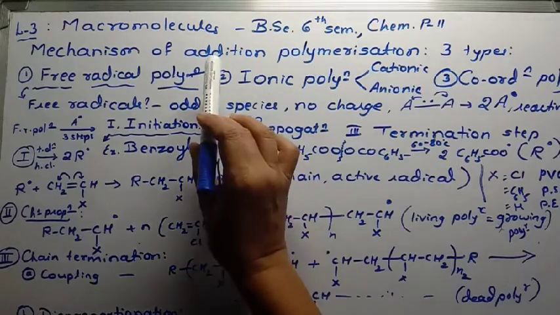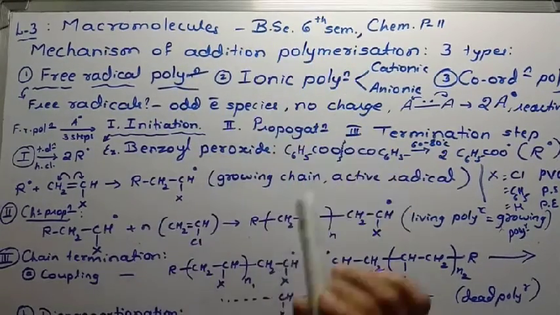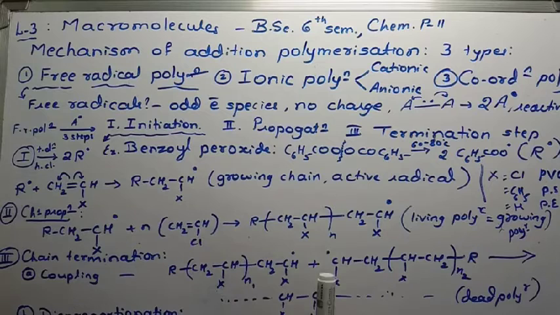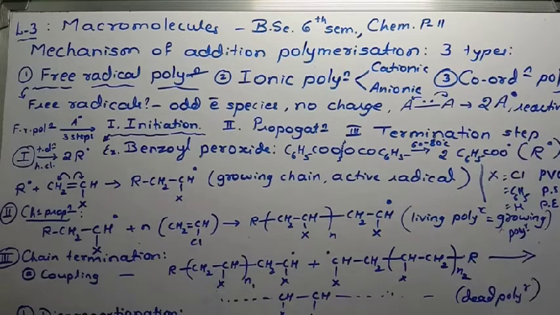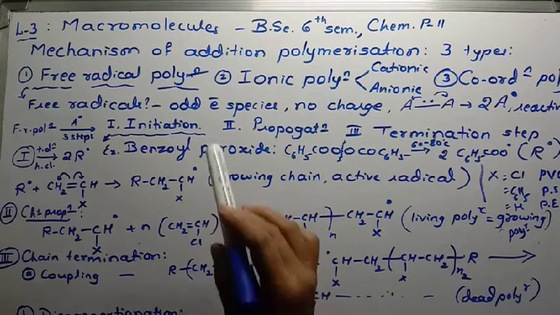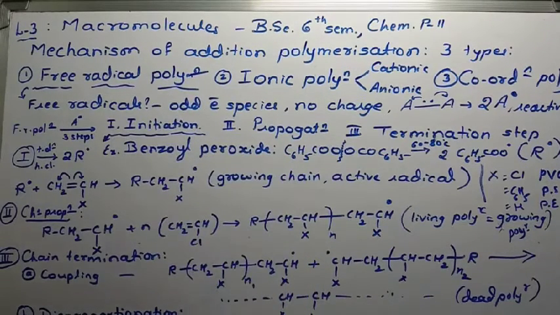So under the mechanism of addition polymerization there are three types: free radical addition polymerization, ionic addition polymerization (cationic and anionic), and coordination addition polymerization. Today we'll discuss the first one, free radical polymerization.